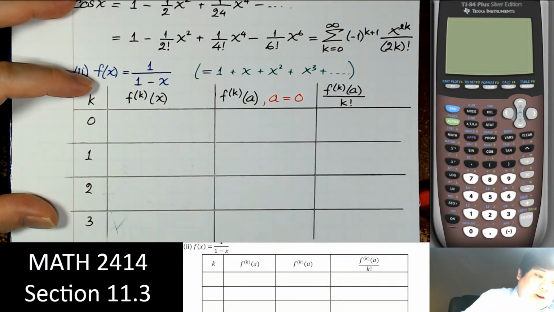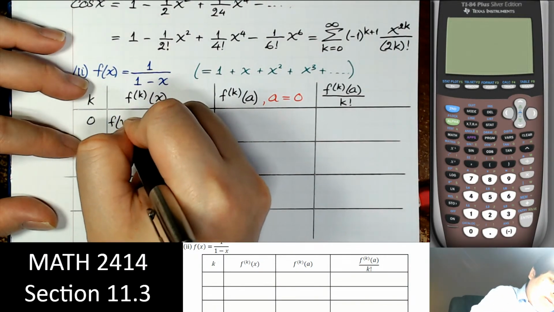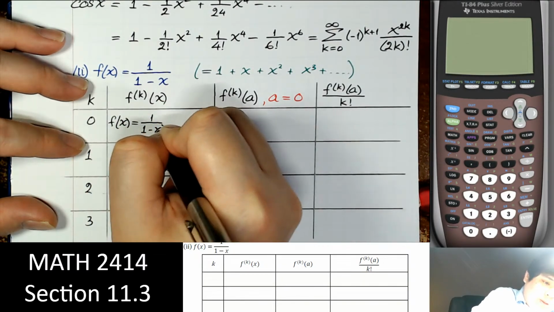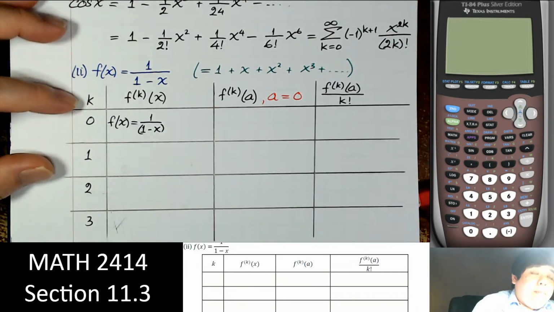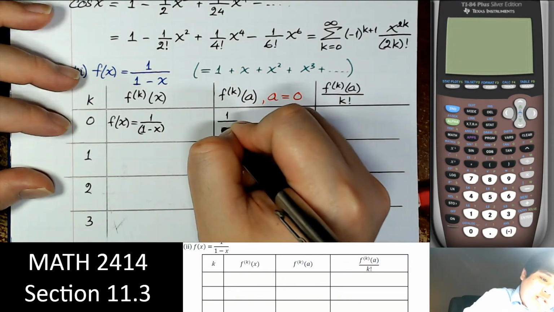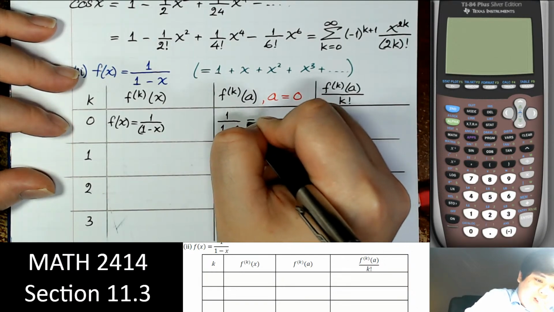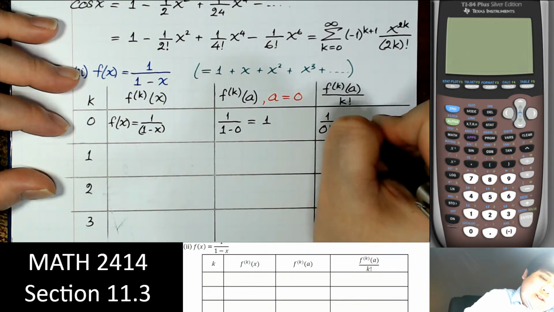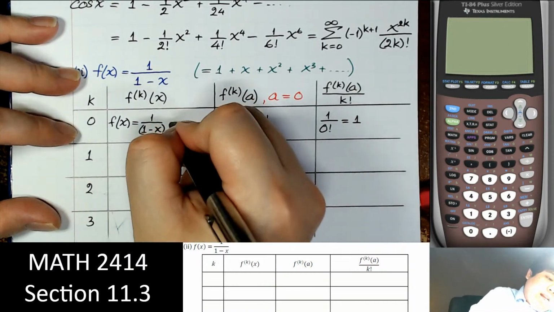Right, so first the function: put 0 in for x, 1 over 0 factorial, that is 1. Next we take the derivative.